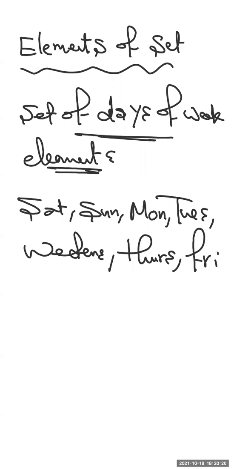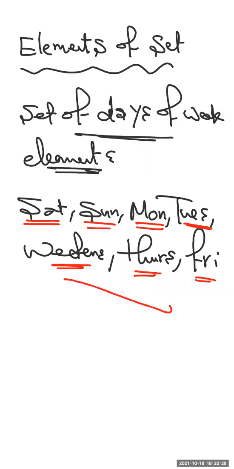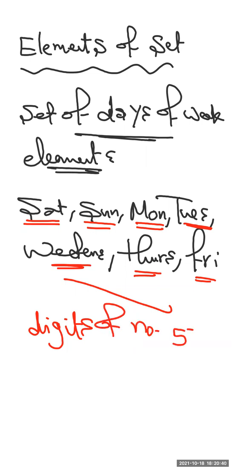Okay, then what about the elements of the digits of a number, for example, 527? So the elements are 5, 2, 7.